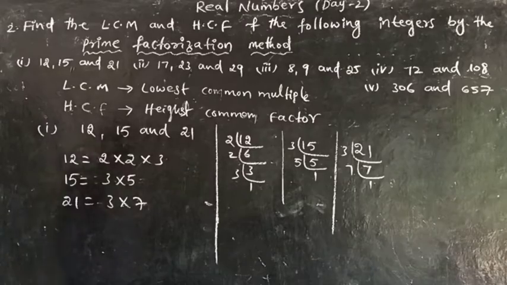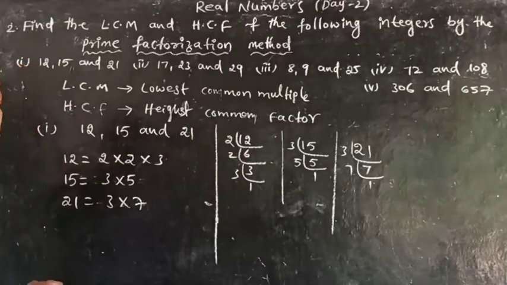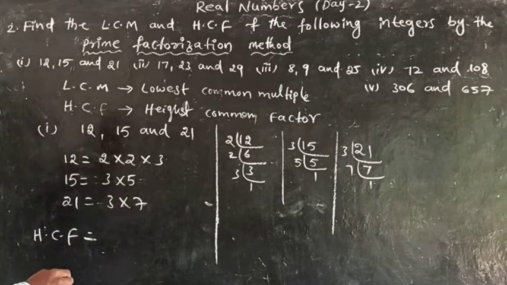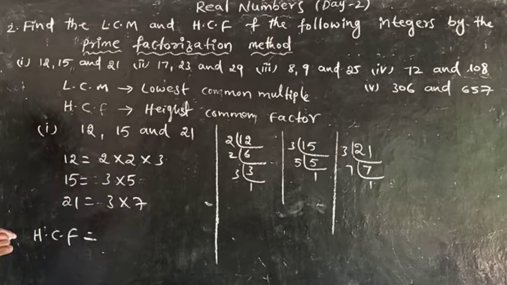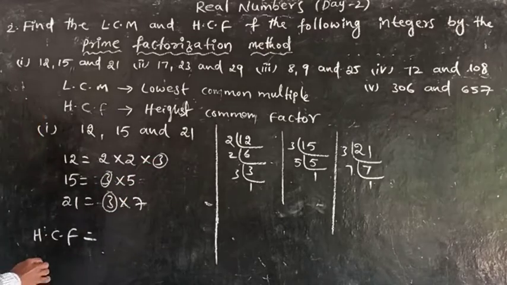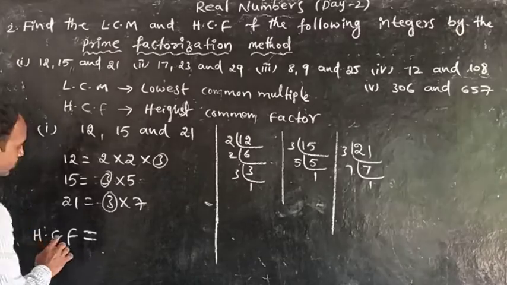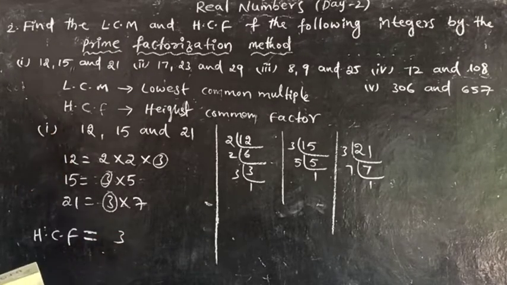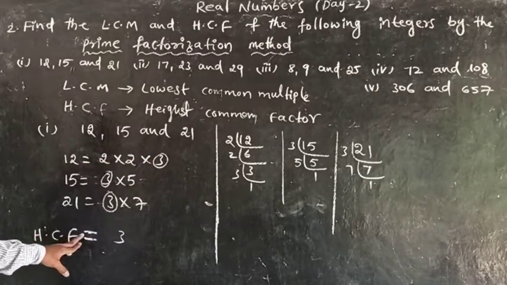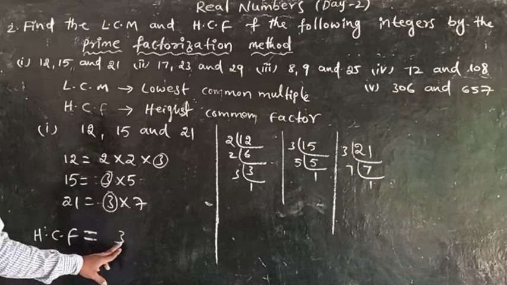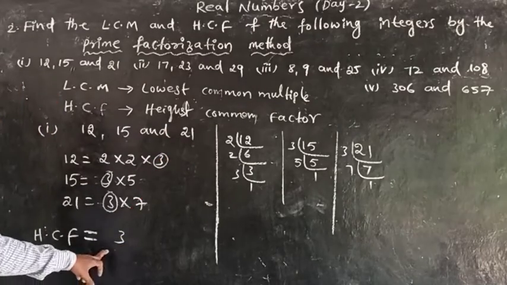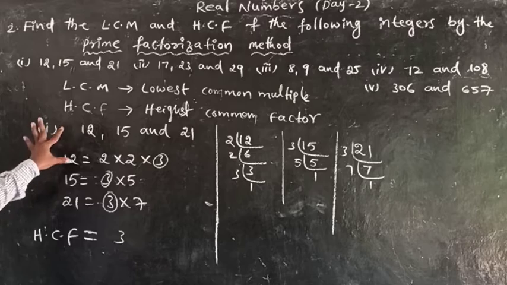Now how do we find the highest common factor? For the HCF, we write only the common factors. 3, 3 and 3. Only 3 is common. So the HCF of these three numbers is 3. The highest common factor of 12, 15 and 21 is 3.